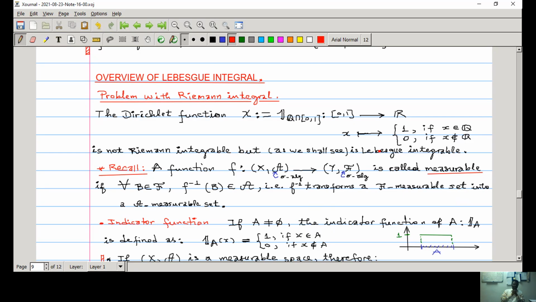Now the next thing that we are going to look at is an overview of the Lebesgue integral. We will not go into all the detail with the theorems and the lemmas; here we are just giving the results, an overview of the results.